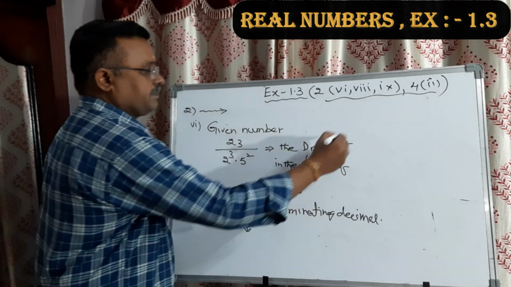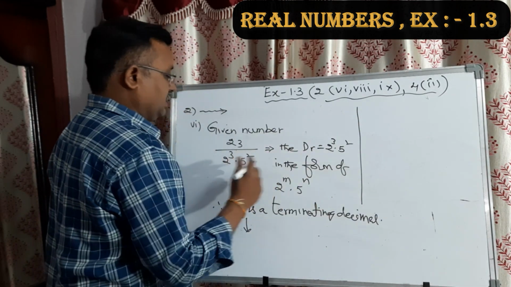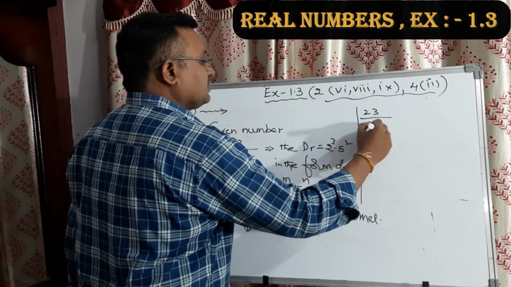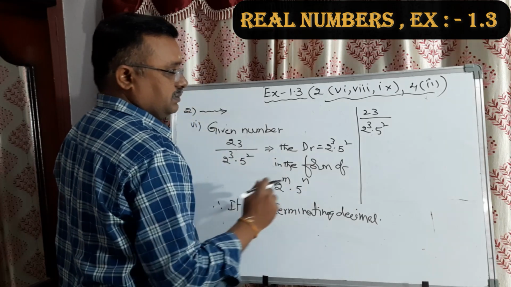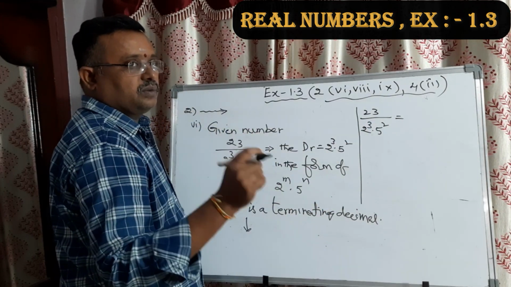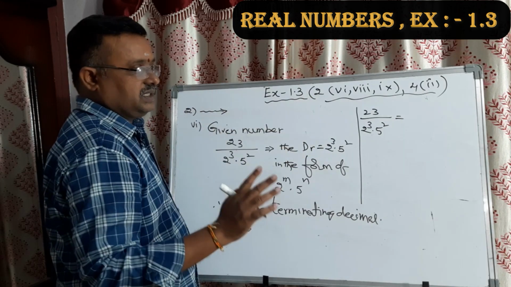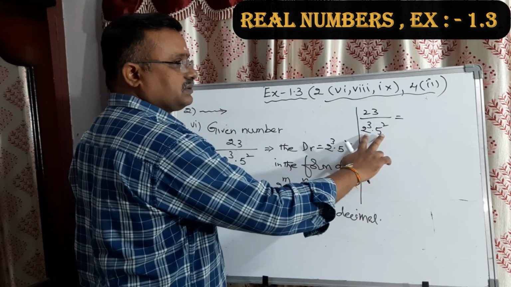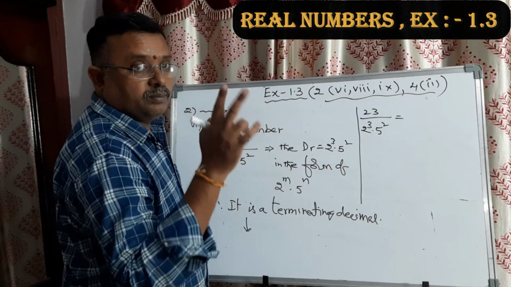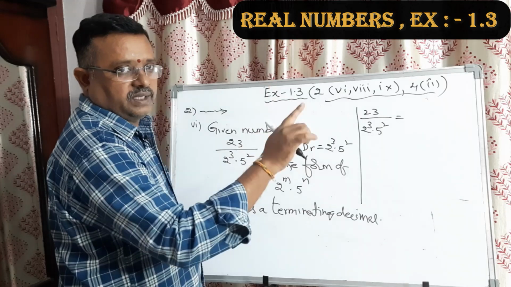That is an extension, a very simple one. The problem is 23 by 2 power 3 into 5 square. To find its decimal value, we have to do one extra calculation: try to make the powers of 2 and 5 the same.